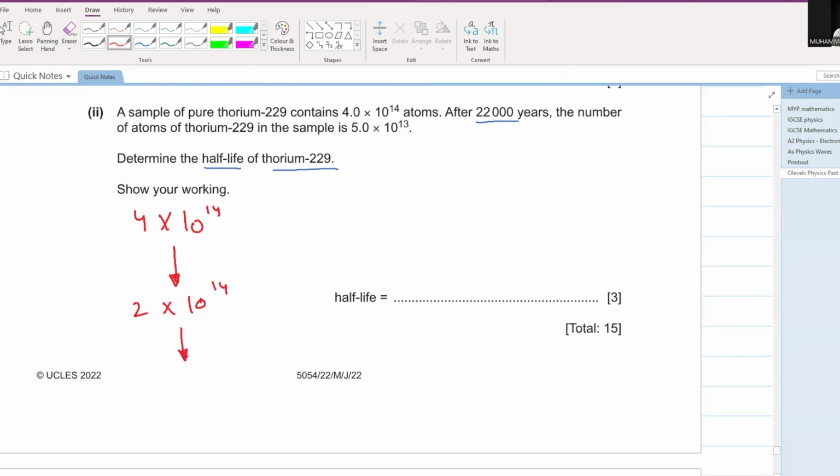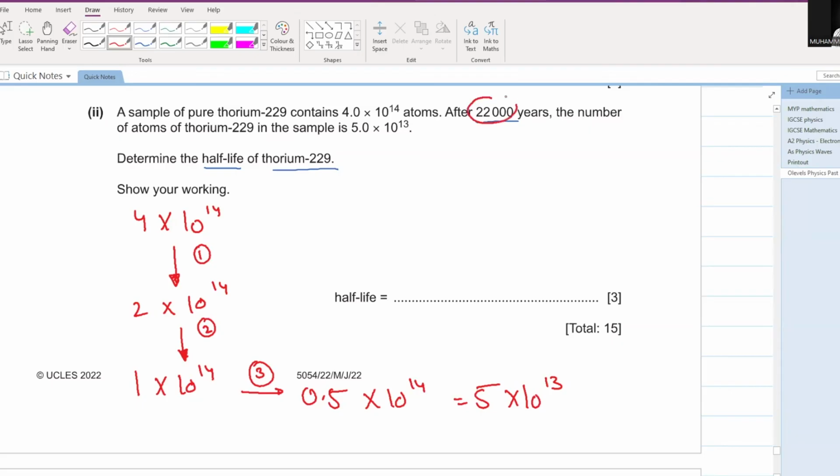After another half-life, how many atoms will remain? 1 into 10 raised to the power of 14. After another half-life? 0.5 into 10 raised to the power of 14, which equals 5 into 10 raised to the power of 13. So how many half-lives do we have? 1, 2, and 3.